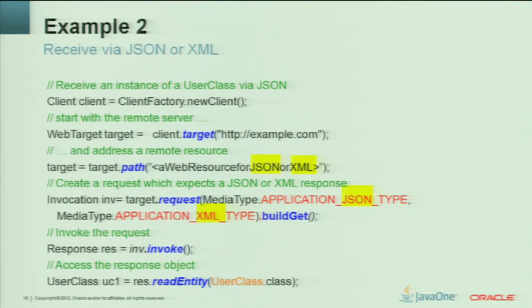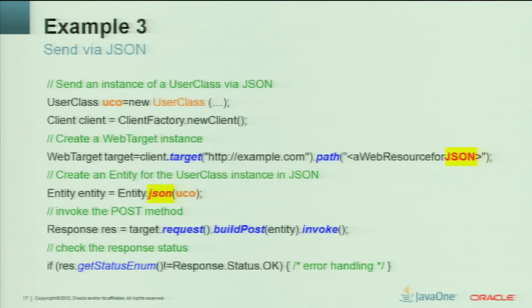And the only difference here is on the invocation that we, on the request line, query both media types. So we ask for JSON or for XML, and we build a get here, and we invoke the method, and we get a response object, and read the object again.